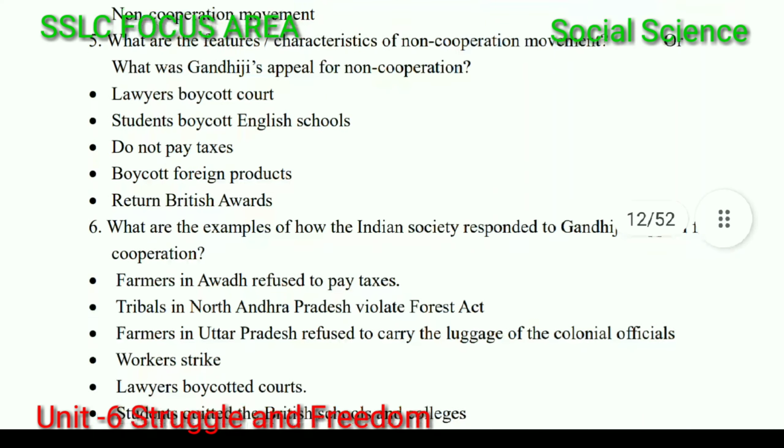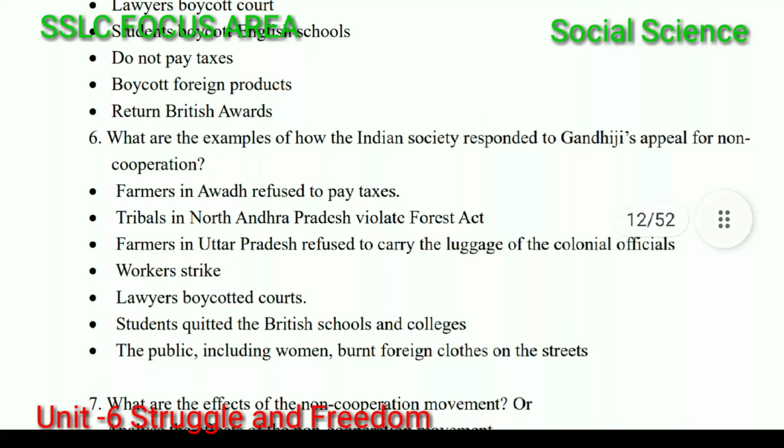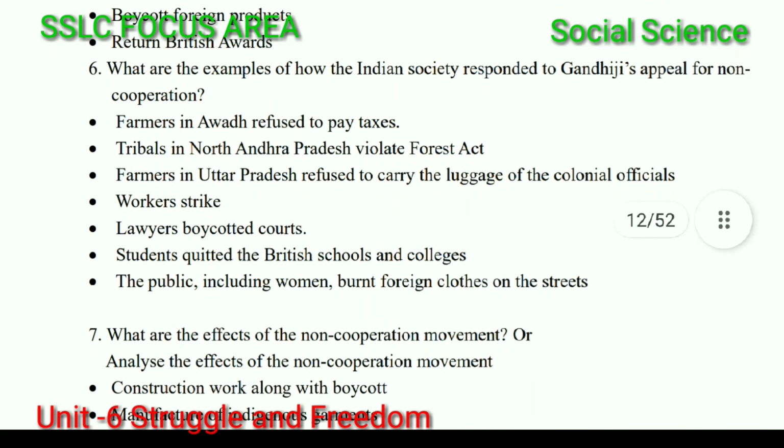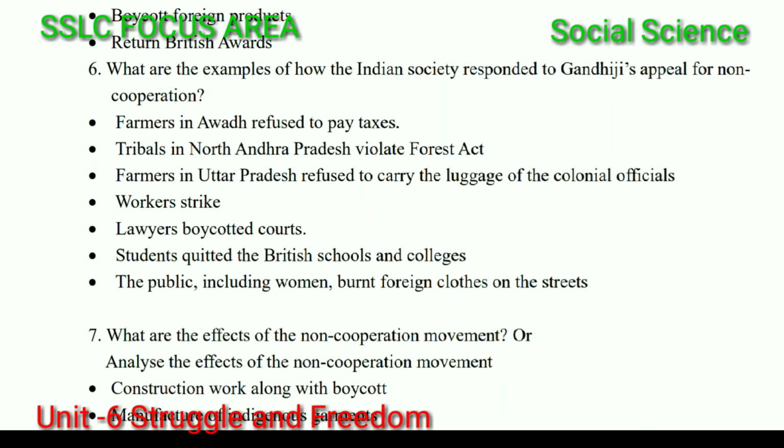What are the examples of how Indian society responded to Gandhiji's appeal for non-cooperation? Farmers in Oudh refused to pay taxes. Tribals in North Andhra Pradesh violated the Forest Act.